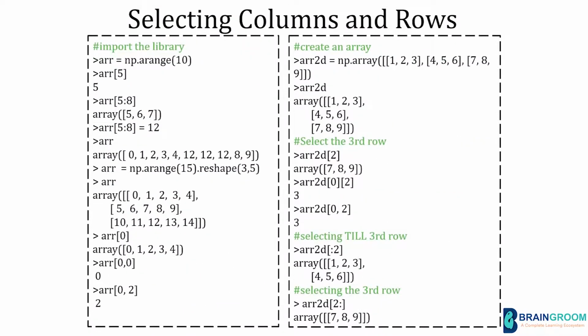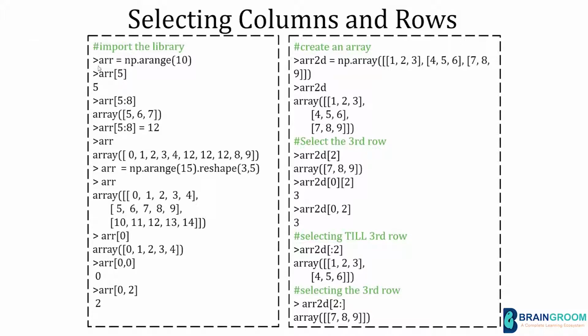Next, if you want to select a particular column or a particular row, we can do that. First I am defining one array: array equal to np.arange of 10, which is used to print a sequence of values. 10 values will print.